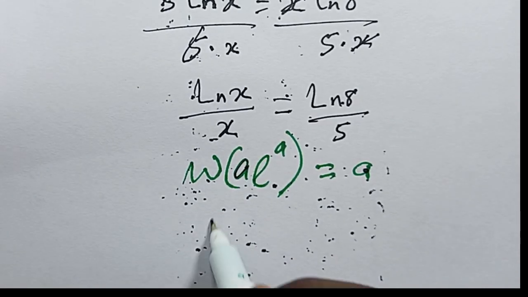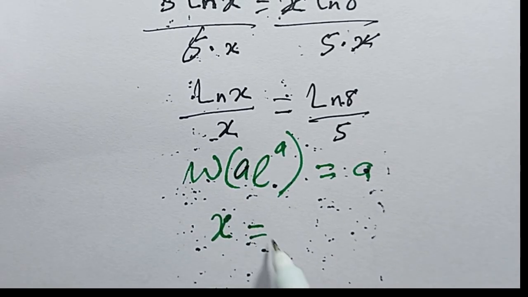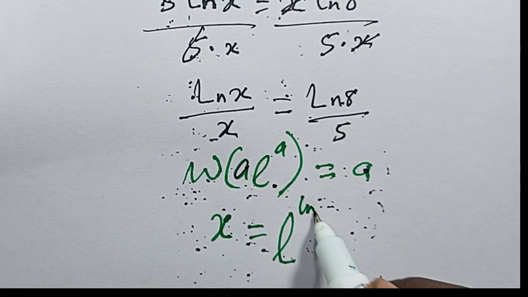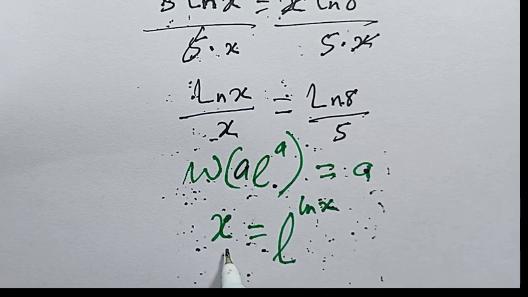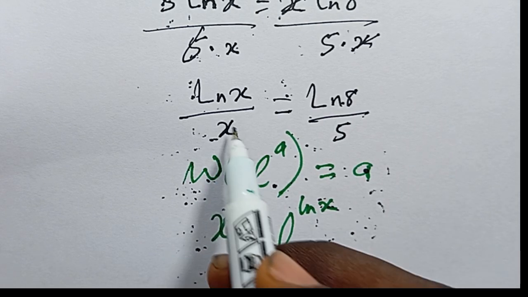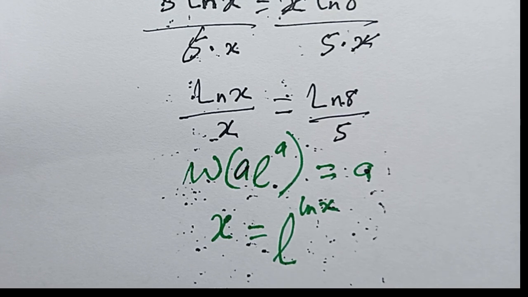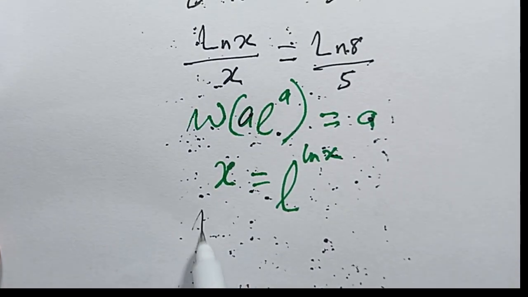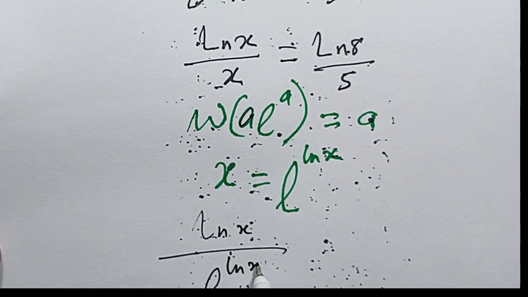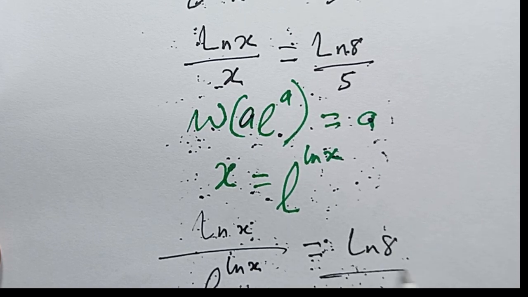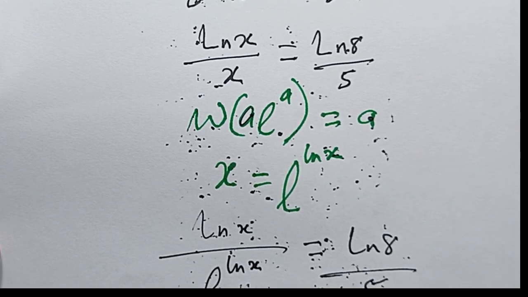You just need to remember that you can express this x here as e to the power natural log of x. So in the place where I have x here, I'm going to substitute e to the power natural log of x. If I do that, I'm going to have the natural log of x divided by e to the power natural log of x is equal to the natural log of 8 divided by 5.